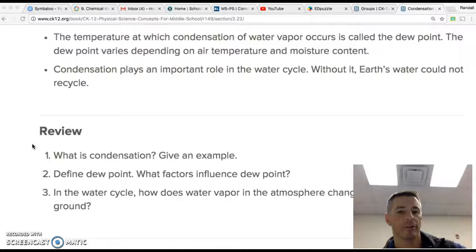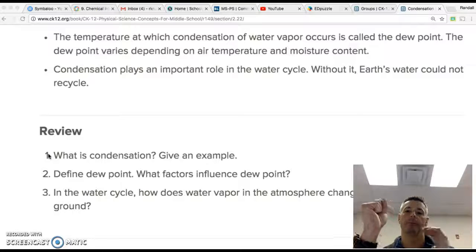So, you should be able to answer these questions. What is condensation? Give an example. Condensation is when water vapor in the air touches up against something that's cooler and the water vapor becomes a liquid. Give an example: the spider web, a contrail of a jet aircraft.